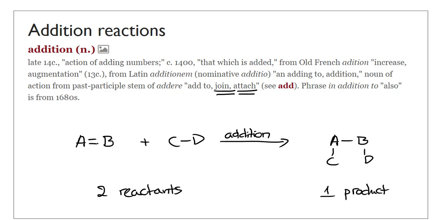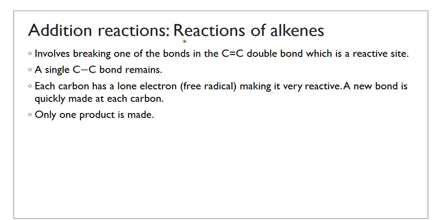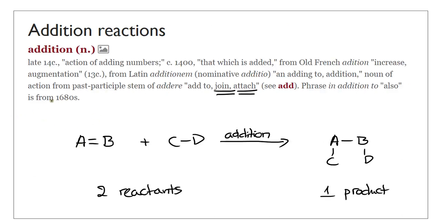If it's already saturated with hydrogen, there's really nothing else that you can add. The only thing you can do is substitute. But if a molecule is unsaturated, there is potential for extra atoms to be added. So an addition reaction only occurs between, let's just write it here, sorry. Addition reaction will occur if you have unsaturated hydrocarbon.